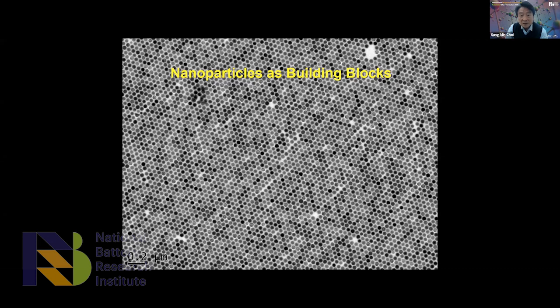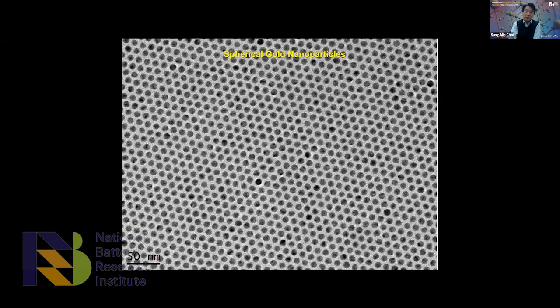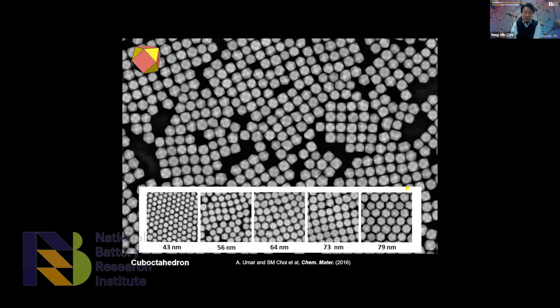This is another example, spherical gold nanoparticles. As you can see, they are fairly monodispersed. Not only spherical, this is the so-called cuboctahedron. It's like a Lego block to play with. This is the gold cuboctahedron nanoparticle.